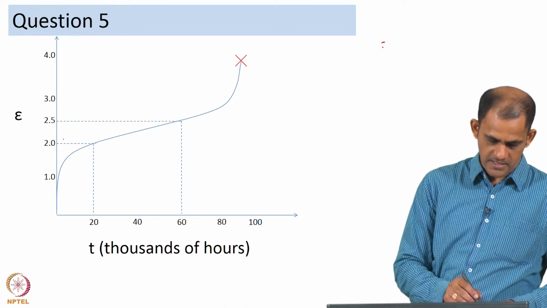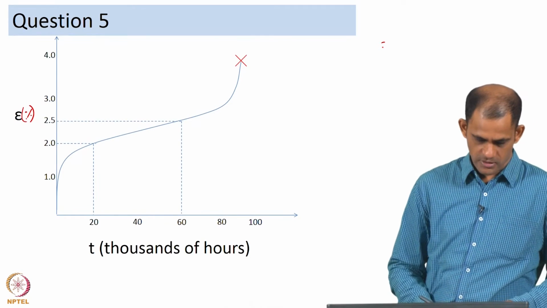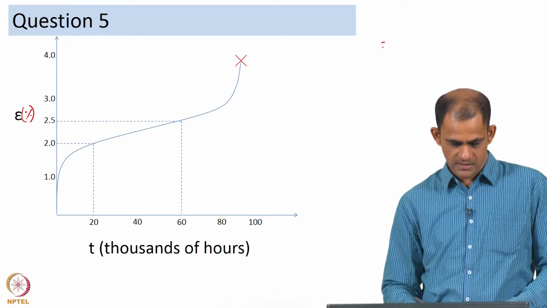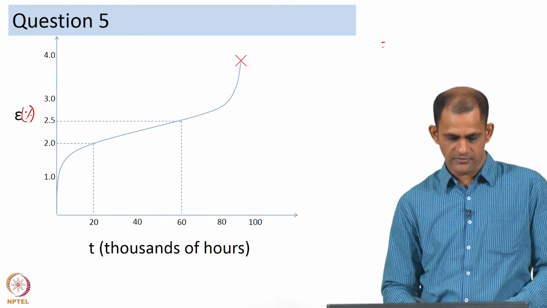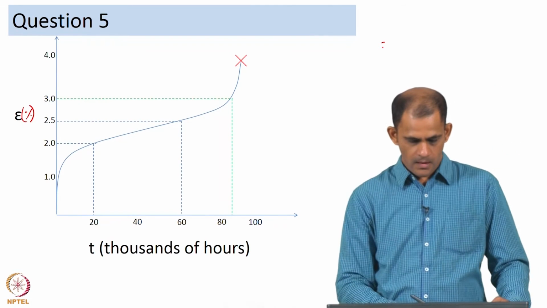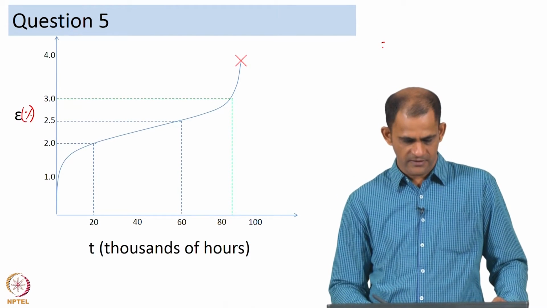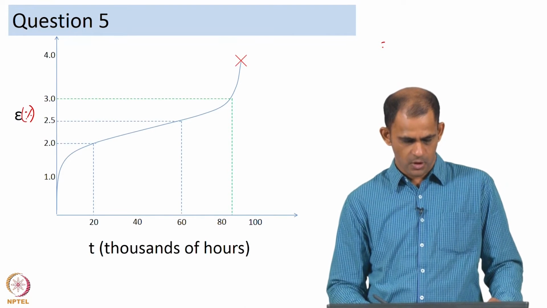It is experiencing a plastic strain, in percentage, of 2% after 20 hours, and 2.5% after 60 hours of operation, and around 3% plastic strain after 85 hours of operation.